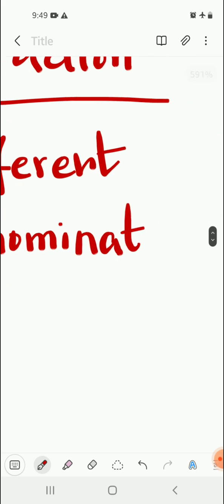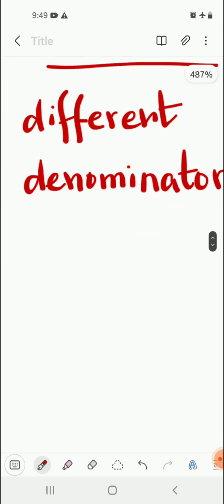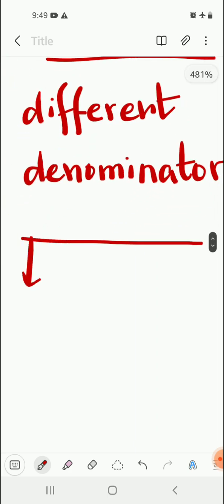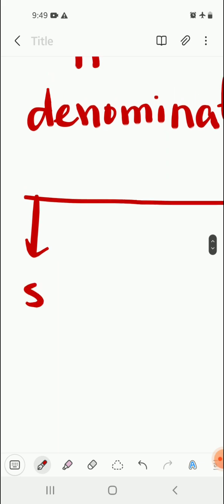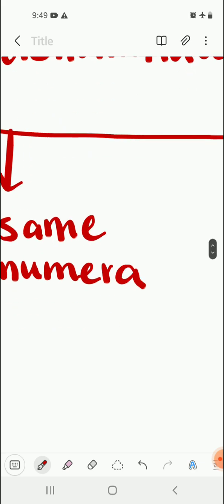There can be two types of unlike fractions for simplicity. The first type is where there is the same numerator, that is, the denominators are different but the numerator is the same.